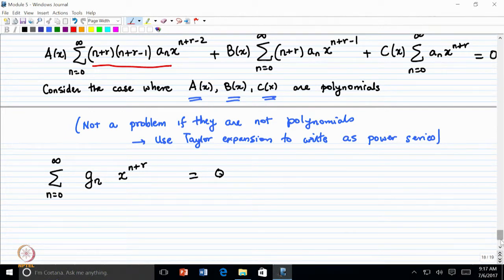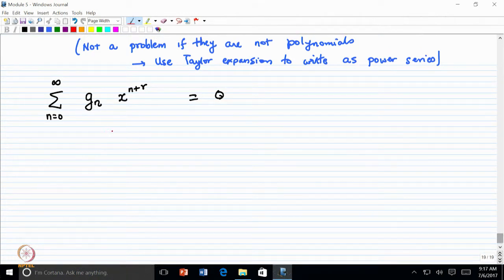Then, once you have this form, you are going to set g n equal to 0 for all n, because the right hand side is 0, and so each term will be 0. So you start with g 0 equal to 0, g 1 equal to 0 and so on.